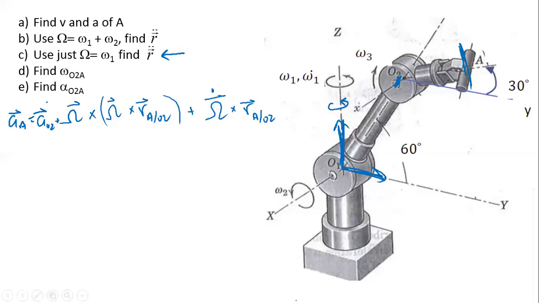Okay, and then if you're sitting here, you're going to be looking at two different things. One of them is some type of tangential term, but because neither omega 2 nor omega 3 are changing, you're not going to get that in your A REL term.